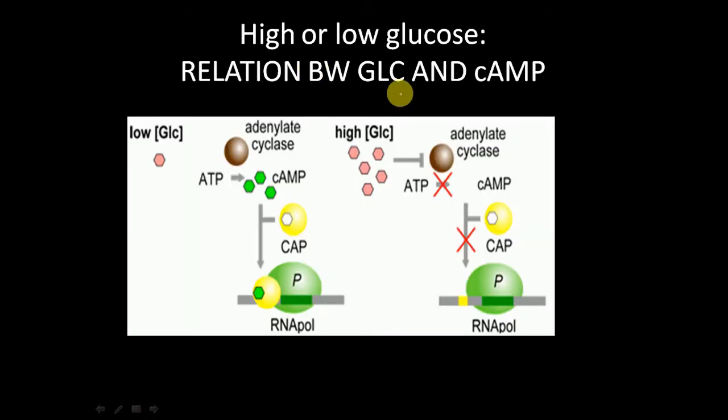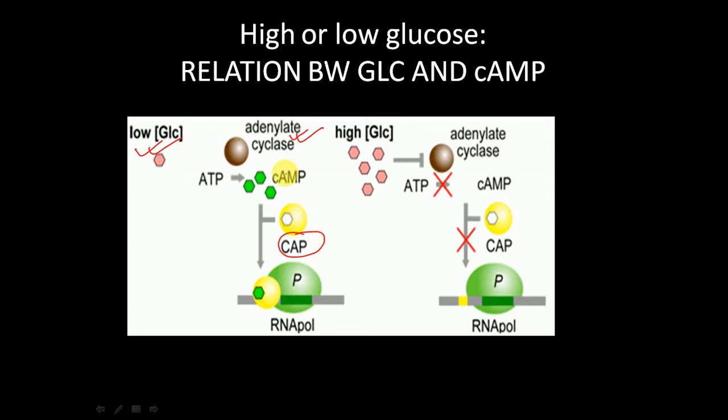Now let's look at the effect of glucose on the upregulation or downregulation of the gene products. When we have low glucose concentration, a particular product called cAMP, which is synthesized from ATP by the use of adenylate cyclase, which is an enzyme, binds to the CAP, which is a cAMP binding protein.